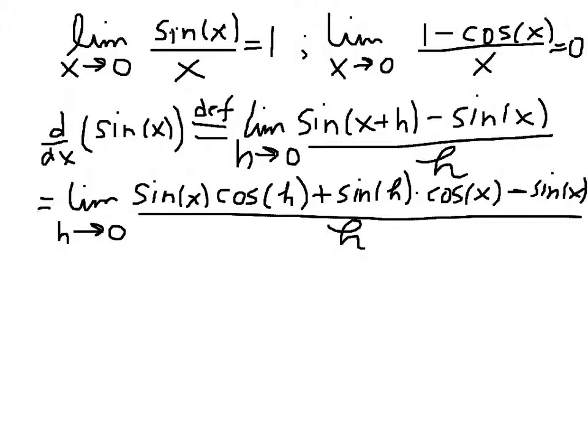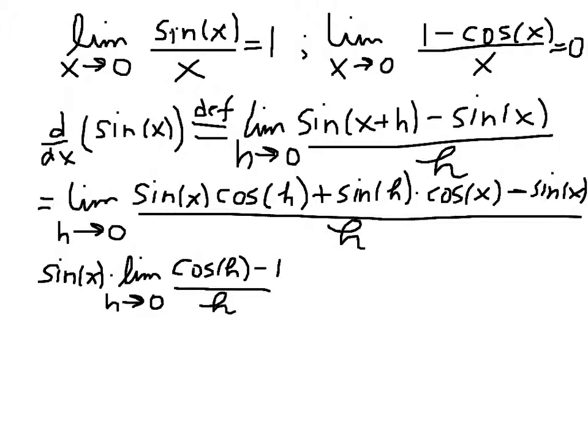So the first trick is to look at the first chunk here and this chunk here and recognize I can factor sine x out. If I do that, I get the sine of x times the limit as h goes to 0 of cos of h minus 1 over h.